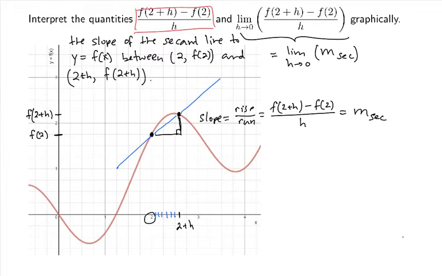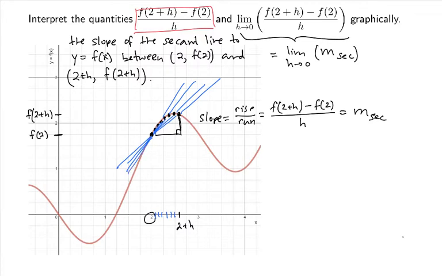Well, what's going on then with our graph? We're going to have different points on the graph. They're going to be approaching the point (2, f of 2). And I won't draw all of them, but if you think about the secant lines passing through our first point in each of those, you sort of see a trend, right?